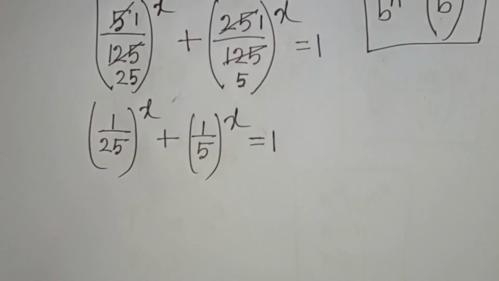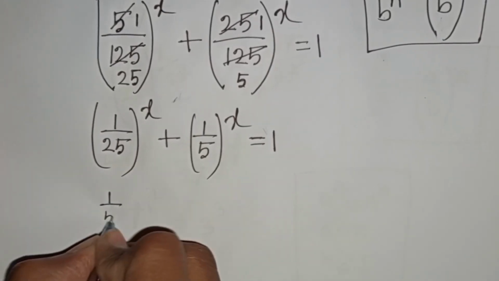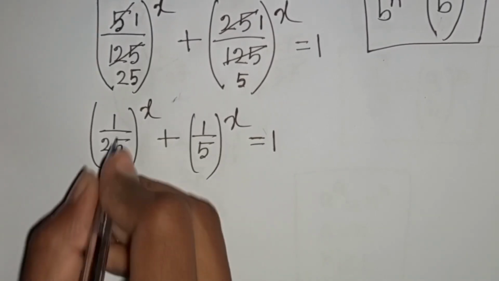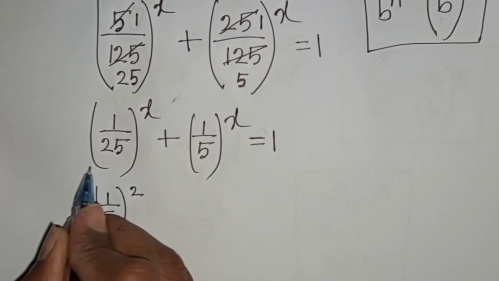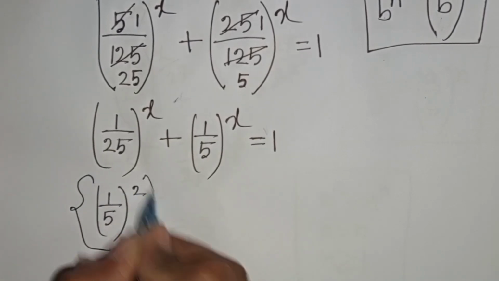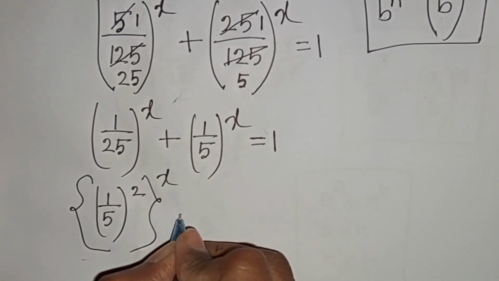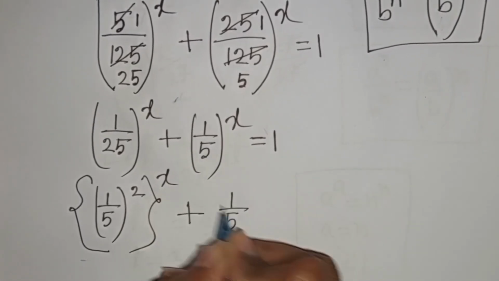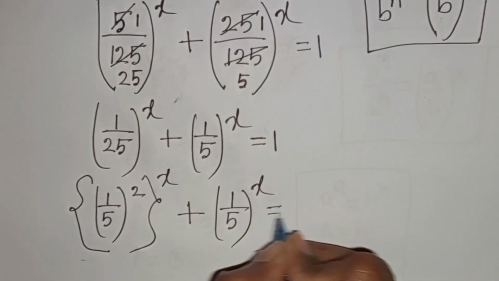Now 1 by 25 can be written as 1 by 5 bracket power 2. 1 over 5 square is same as 25. Then this first bracket can be written as second bracket, then power of x plus 1 by 5 bracket power x is equal to 1.